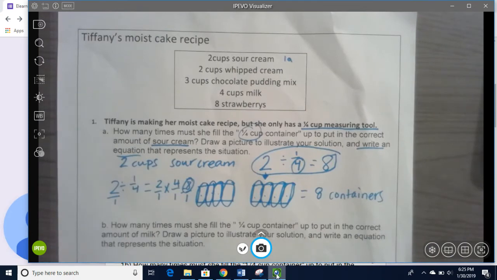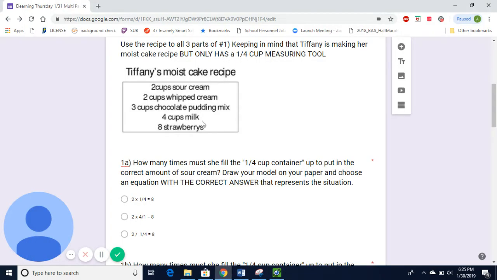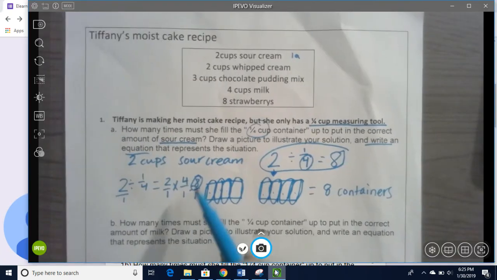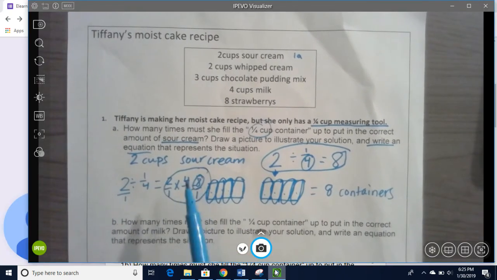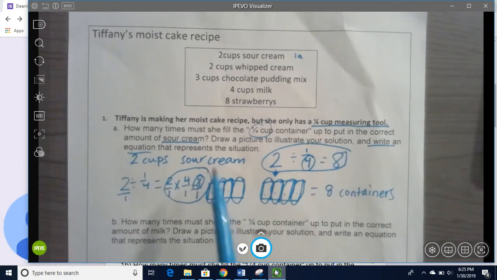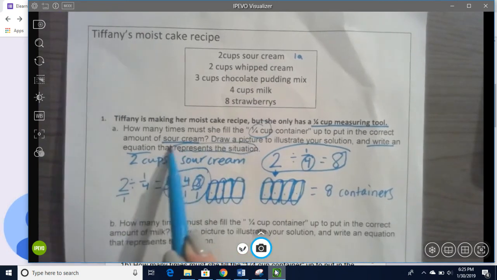All right, so now I'm going to go back to the form. And we have to pick the right one. So we have 2 times 1/4 equals 8. Well, that's not true. 2 times 4 over 1 equals 8. Well, that's what I did here. But the question is, is that the correct equation that represents the situation?